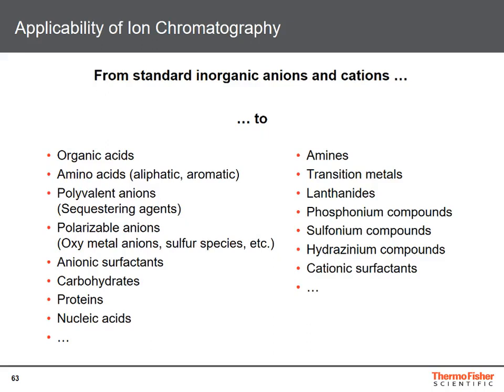Phosphonium, sulfonium, hydrazinium compounds are certainly not that common, but a very important class of cationic species are cationic surfactants, also used in many consumer products today. All in all, one more time, we can separate today, without any exaggeration, almost any ionic or ionizable compound with any one of the techniques summarized under the term ion chromatography.